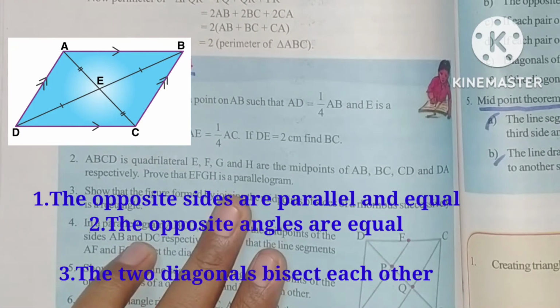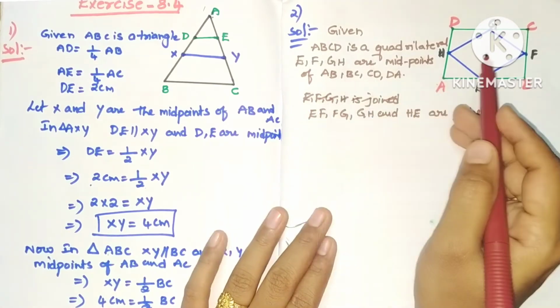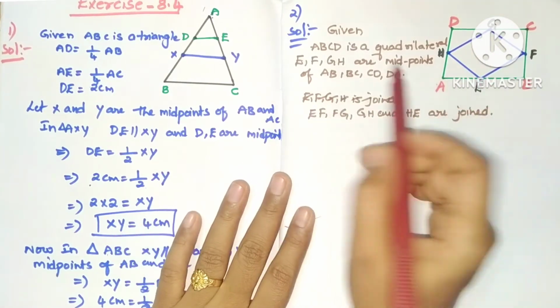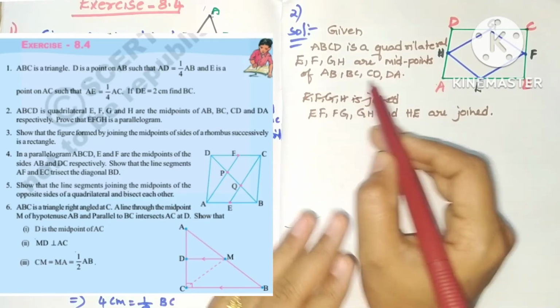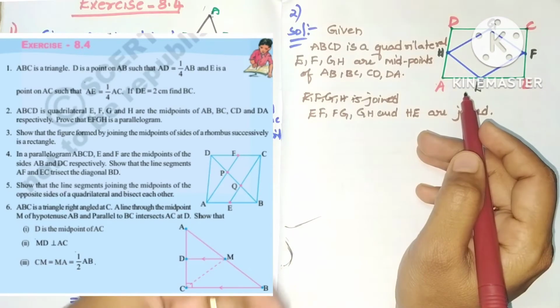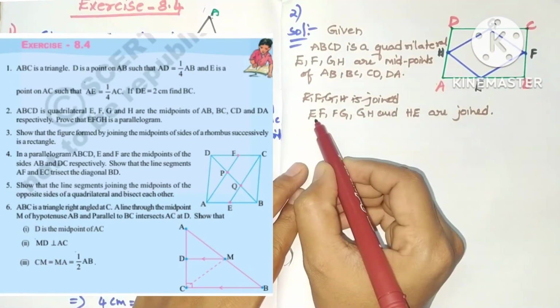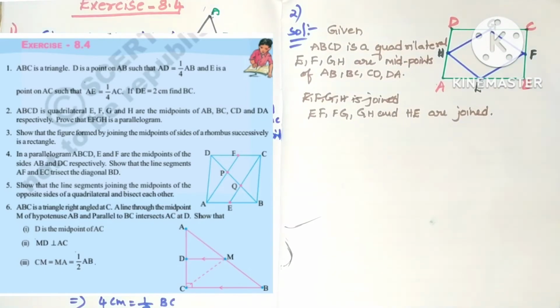Those are the properties of a parallelogram. So first, just write the given information. Given ABCD is a quadrilateral, E, F, G, H are midpoints of AB, BC, CD and DA. So EF, FG, GH and HE are joined.